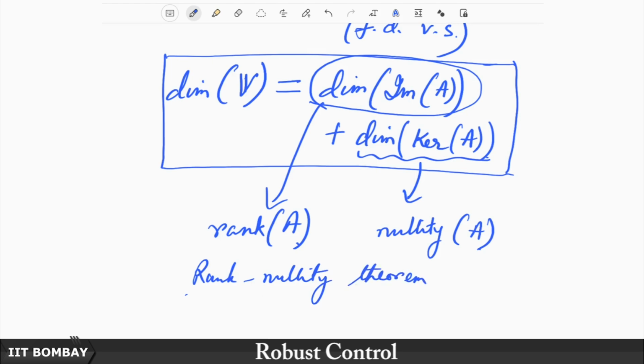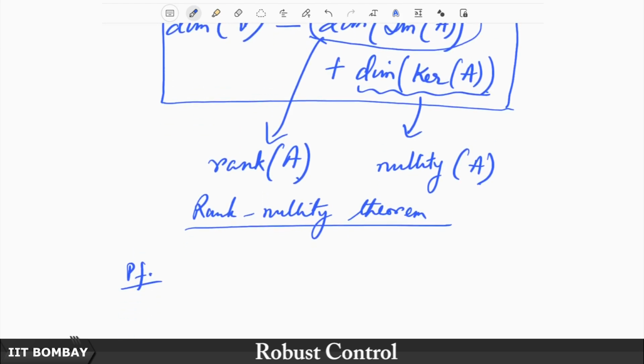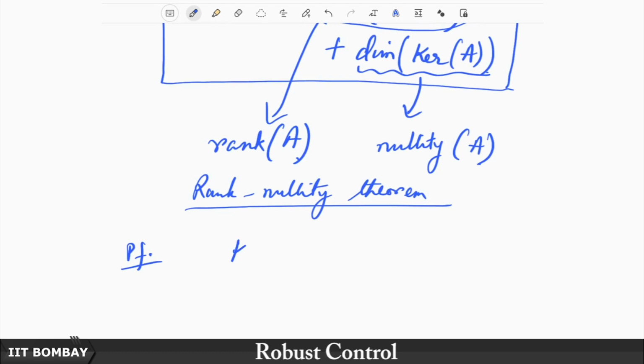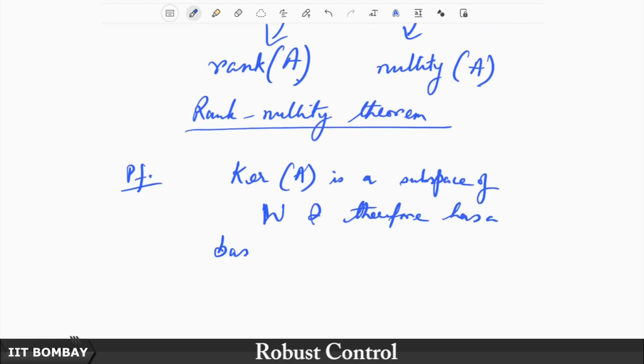Okay. So, here is what we do for a proof. Again, I will probably not write every single step in great detail. Remember that the kernel of A is a subspace of W, and therefore has a basis.